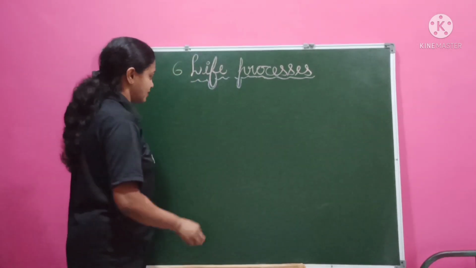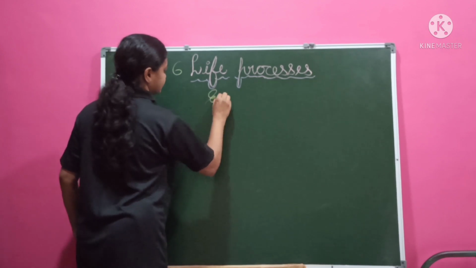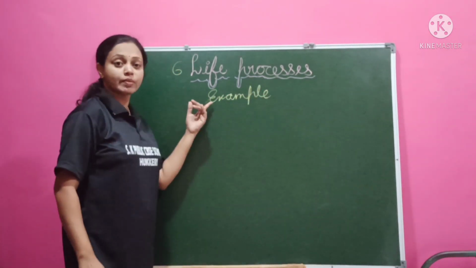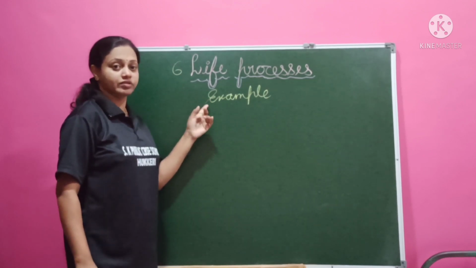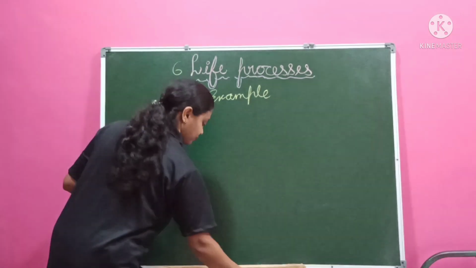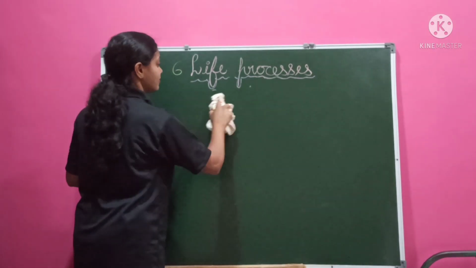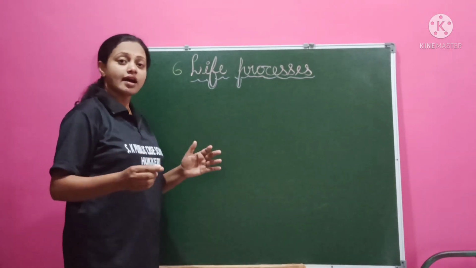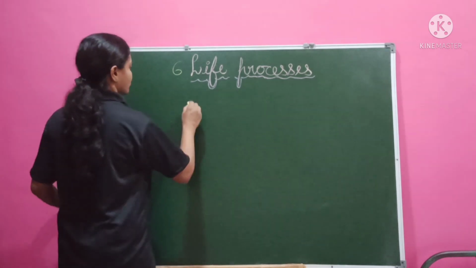Let's look at the example. Here you have to remember the example I have written. Now, under the life processes, there are some characteristics I have told you.